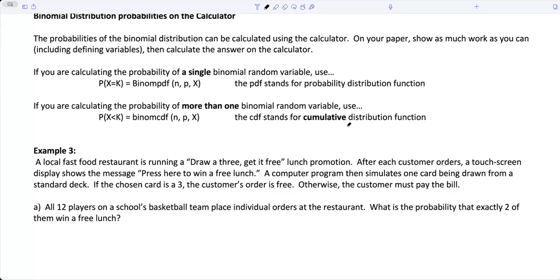So we've got a single binomial random variable. We're going to use PDF. More than one binomial random variable, we use CDF.